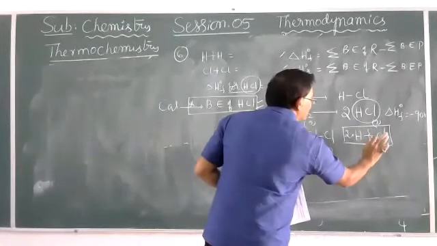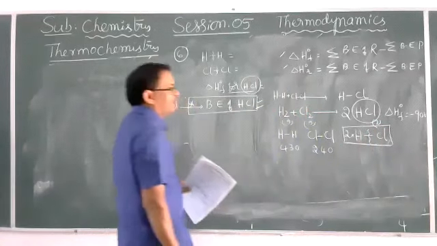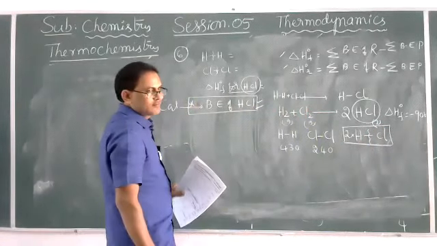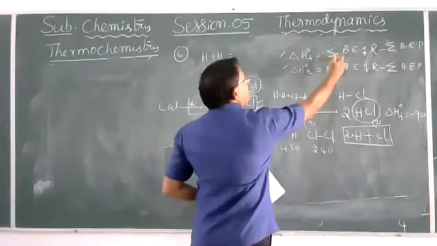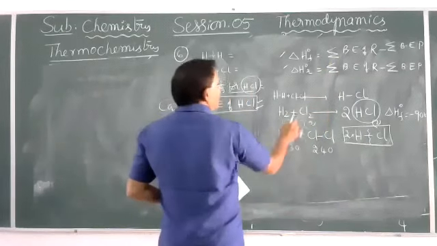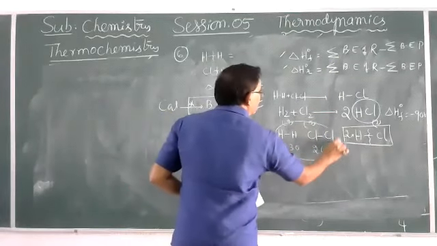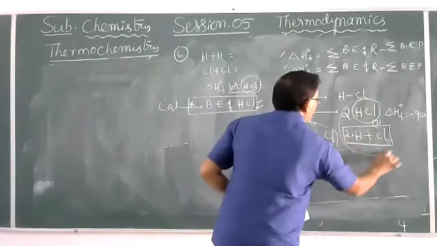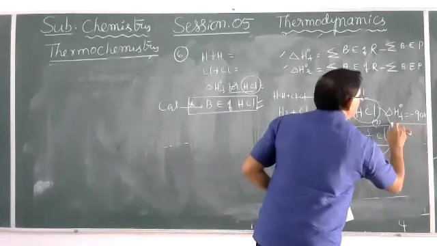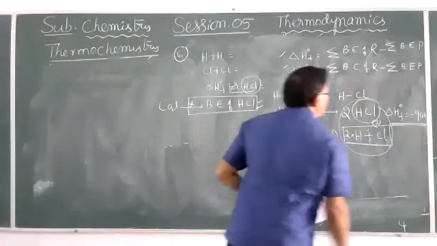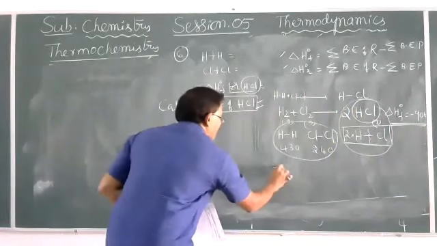To break H–Cl, how much energy is required? According to this concept, these are the reactant values, this is the product value, and this is the delta H naught f given, that is minus 90.